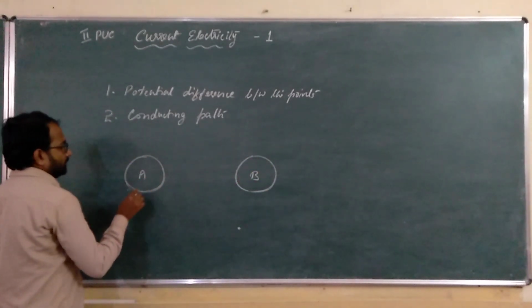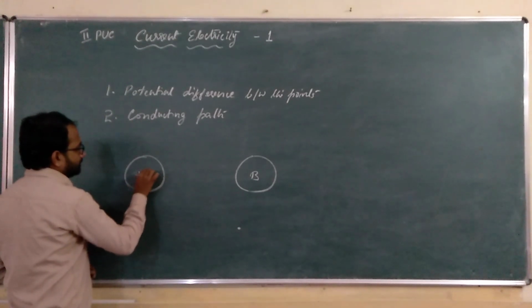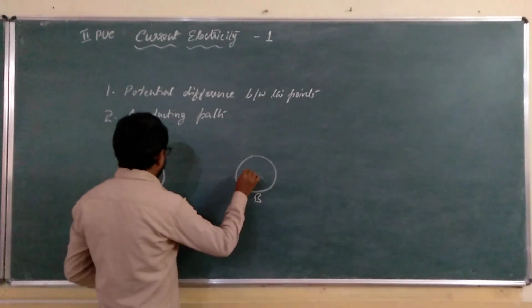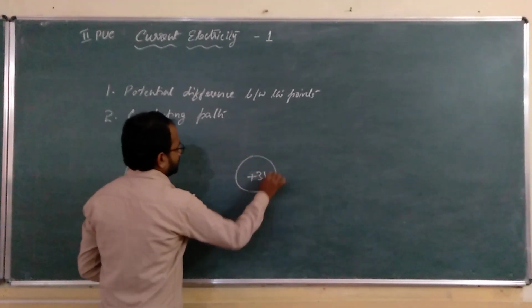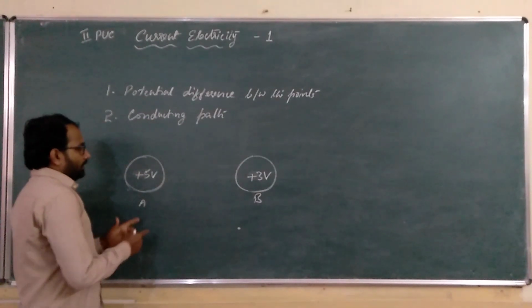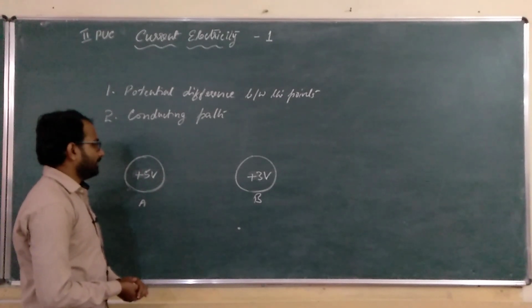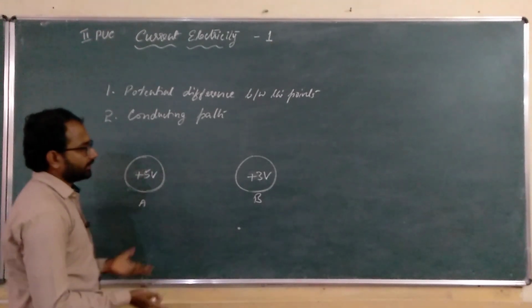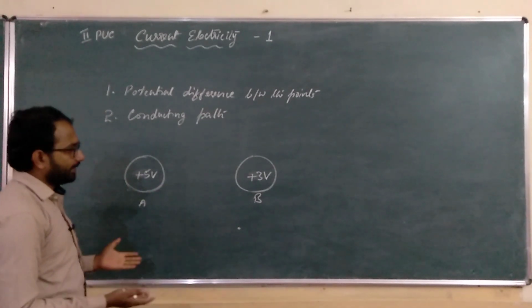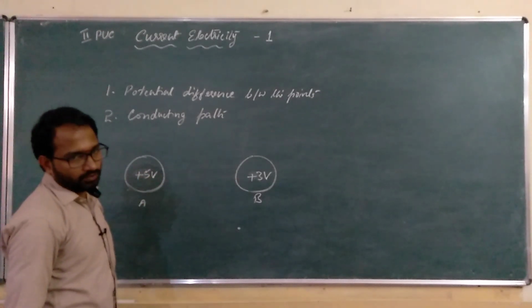Both are positively charged, but what about the number of electrons present in these two objects?